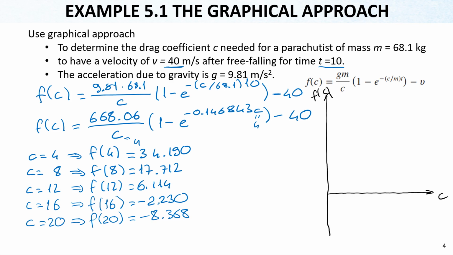We know that the c values are 4, 8, 12, 16 and 20. These are the values that we used on the left hand side, and for the function values, let me divide this part as 40, 20, 10, 30 and minus 10.